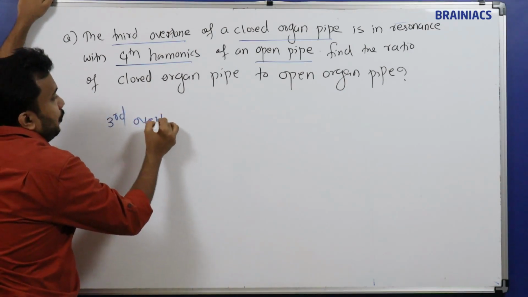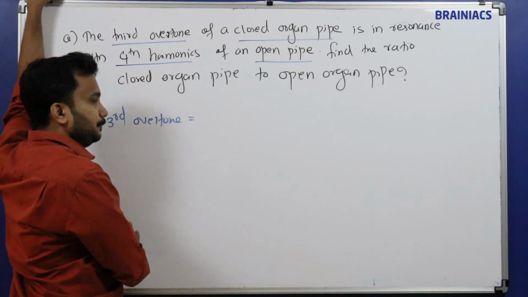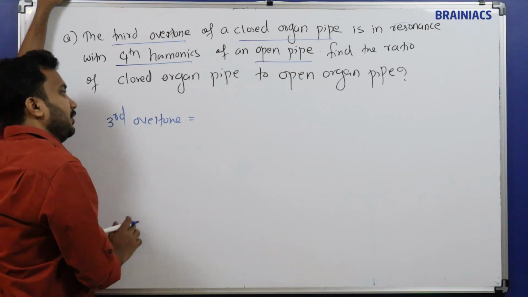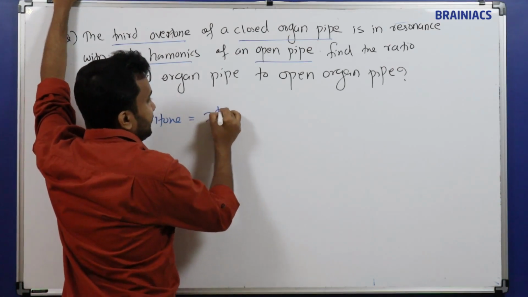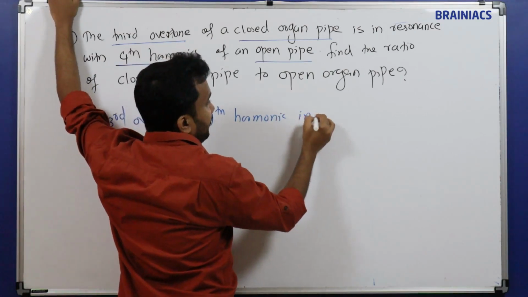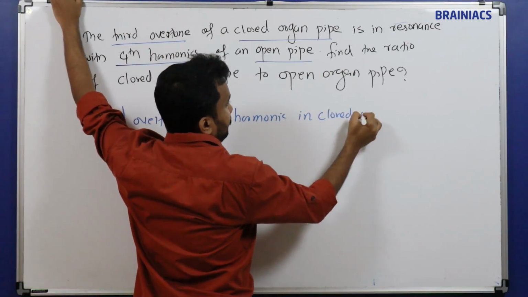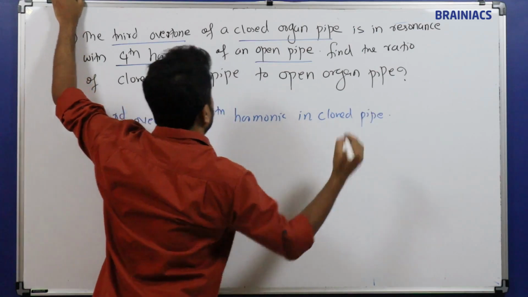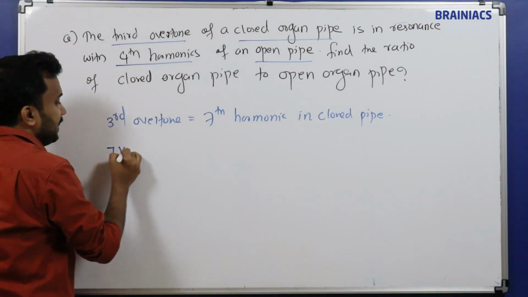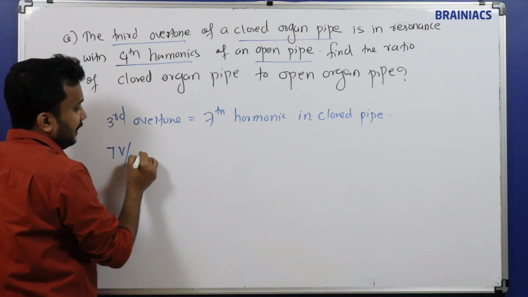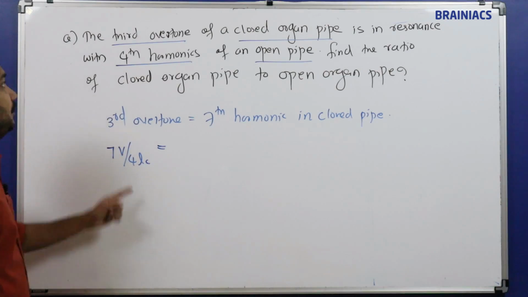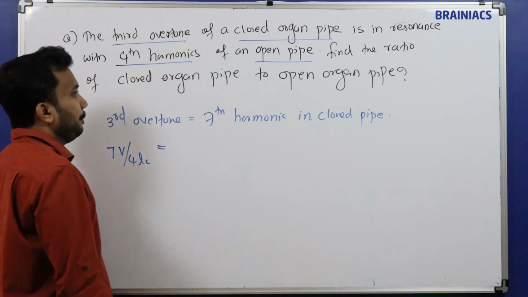So the third overtone is the seventh harmonic in a closed pipe. Closed organ pipe, or simply closed pipe. So seventh harmonic means 7V by 4Lc, where Lc is the length of the closed pipe, equal to the fourth harmonic of an open pipe.